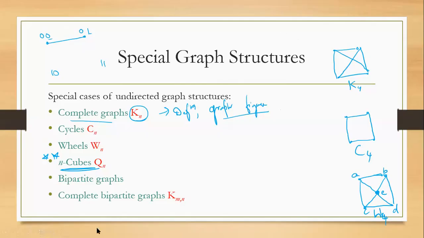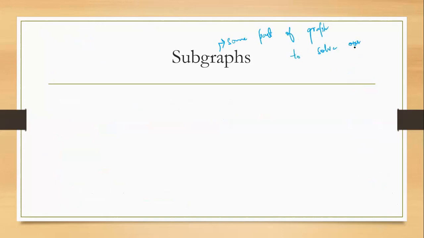Now next is subgraph. Basically, sometimes we need only a part of the graph to solve a problem. Suppose you have a network between all the cities in India, and among them you have a network of computers or data centers, and you need to send a message to all the cities in Telangana.